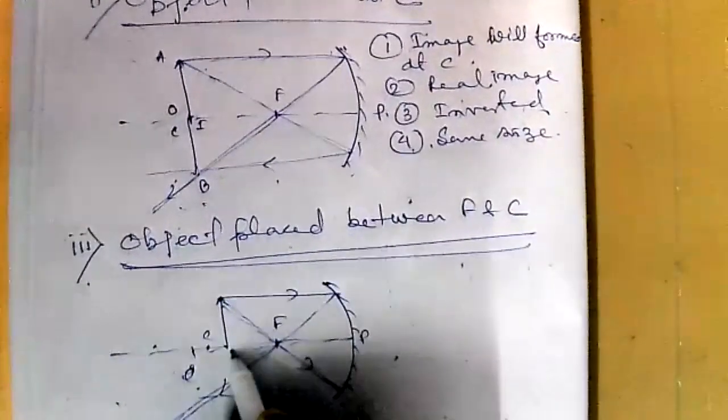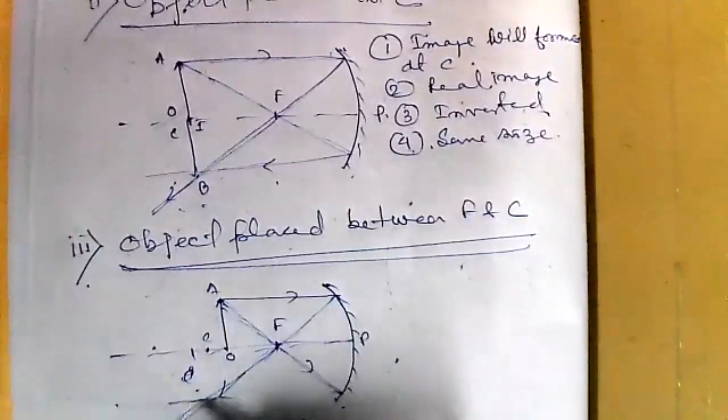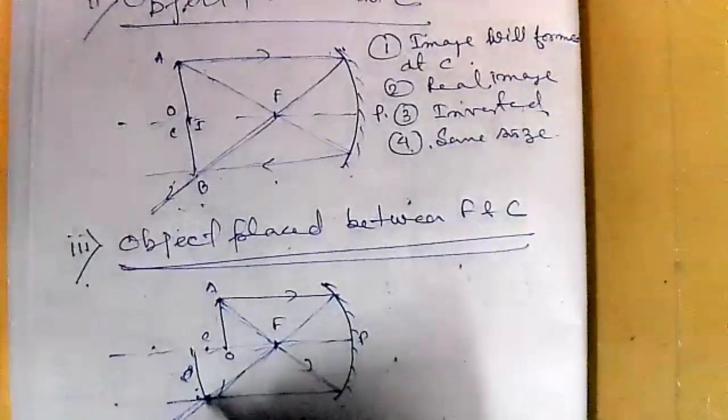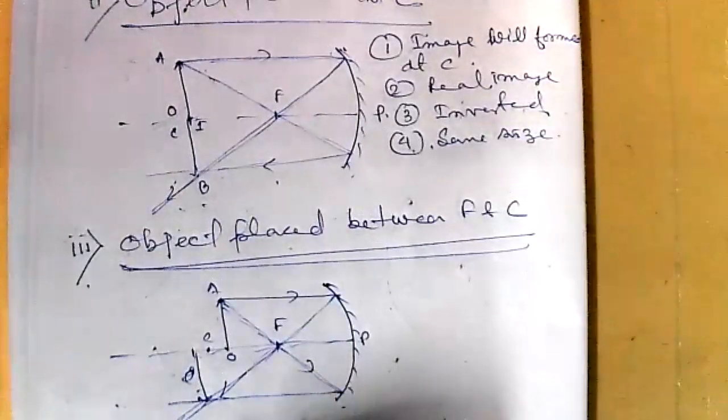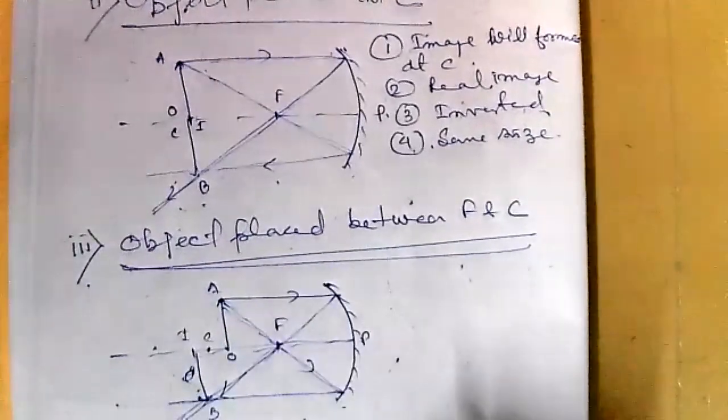This is C. OA is the object, and the rays meet at this point. So IB is the image.